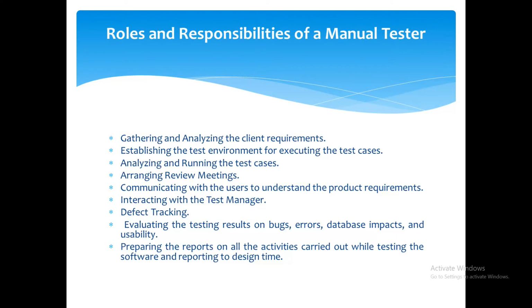Third, analyzing and running the test cases, arranging review meetings. Fourth, communicating with the users to understand the product requirements. Next, interacting with the test manager. Then defect tracking. Then evaluating the testing results on bugs, errors, database impacts and usability.